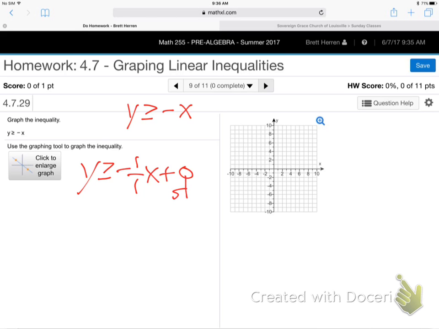All right, so we start at the 0, the origin. We good? Start at the origin. And then rise over run. So, what do we do with a negative on a fraction?